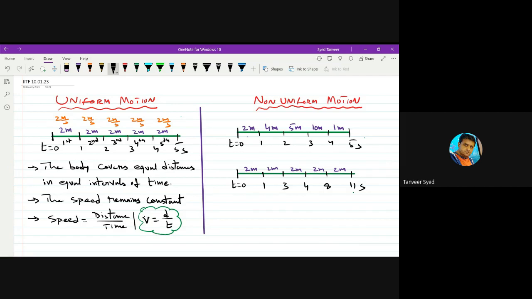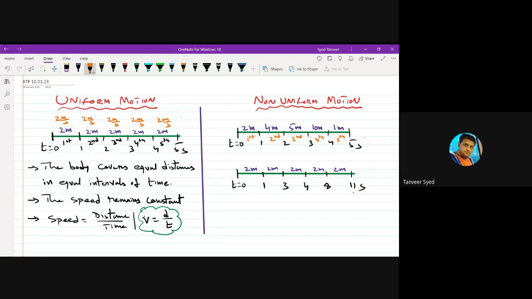What is happening here? Take the first situation. In first second, distance covered is 2 meter. In second second, 4 meter. Third second, 5 meter. Fourth second, 10 meter. Fifth second, 1 meter.